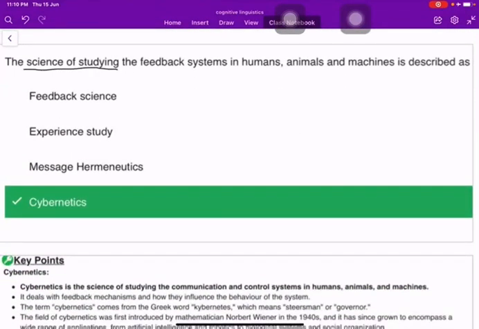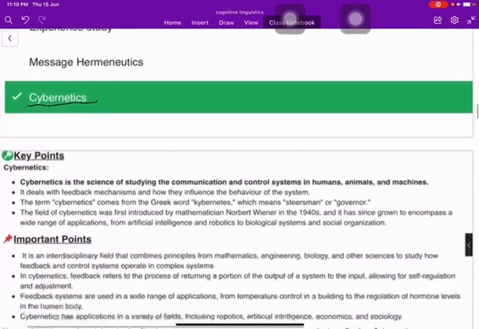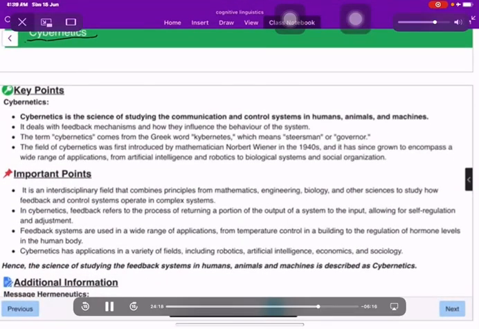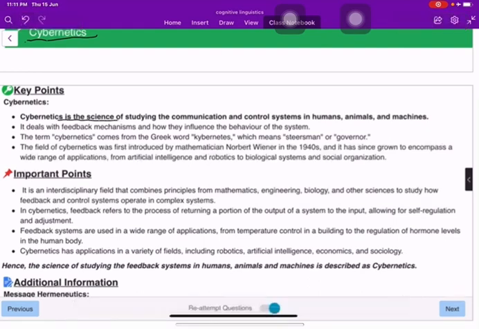Now, the science of studying the feedback systems in humans, animals, and machines is described as cybernetics. Cybernetics is the science of studying the communication and control systems in humans, animals, and machines. It deals with the feedback mechanisms and how they influence the behavior of the system.